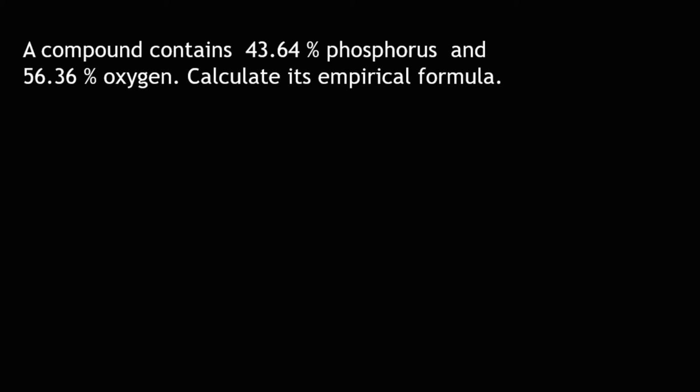Okay, let's have one more. A compound contains 43.64% phosphorus and 56.36% oxygen. Calculate its empirical formula. Let's write it down. It's 43.64 grams of phosphorus multiplied by 1 mole of phosphorus divided by the molar mass. We will again use the rounded molar mass of phosphorus, which is 31.